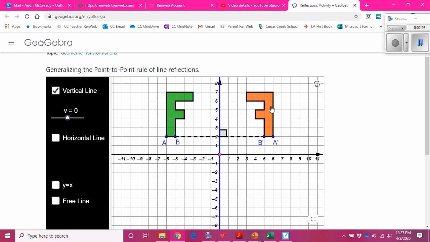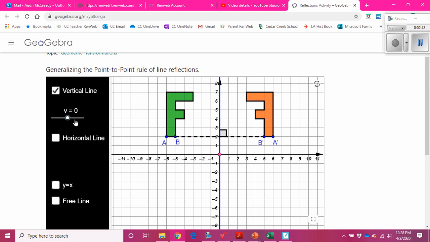This is a reflection in a vertical line where the y-axis is the line of reflection. It's reflected equally across both sides, where this is your line of reflection, which is the mirror line. It's the same distance from this side to this side.